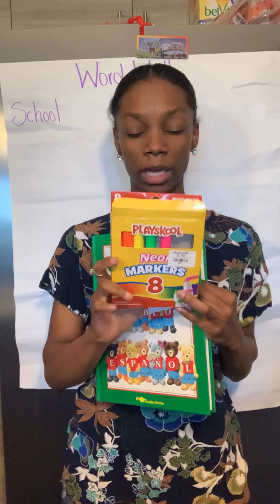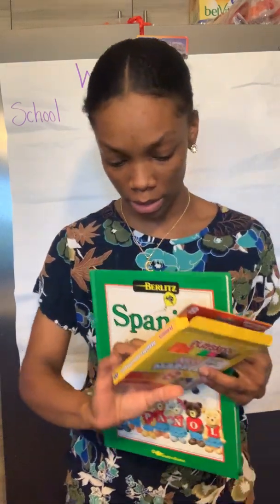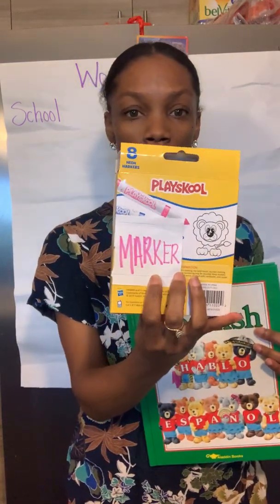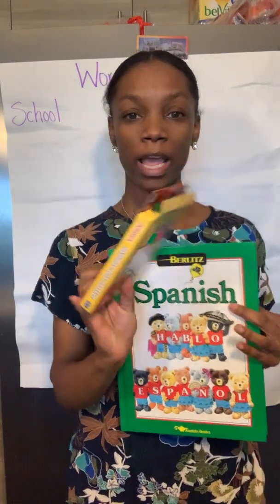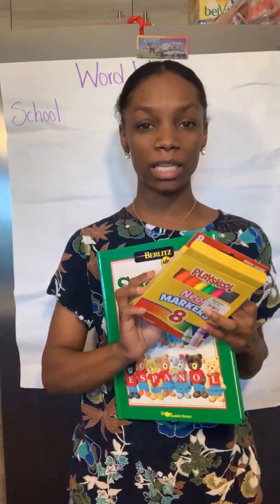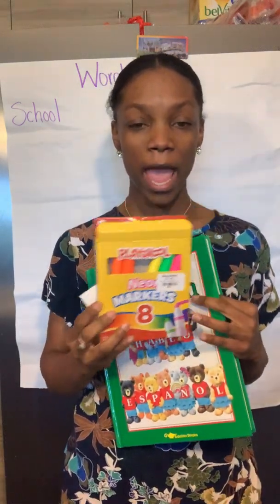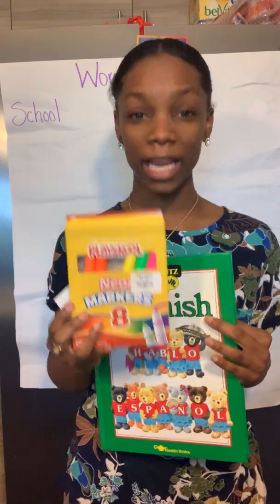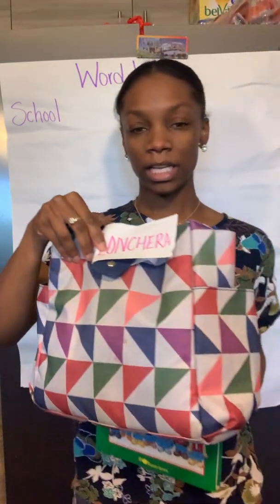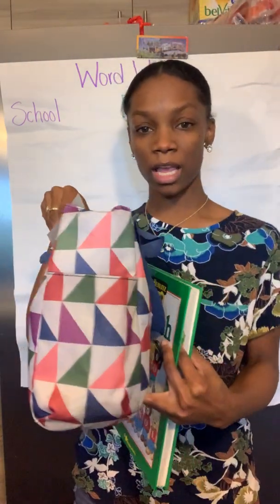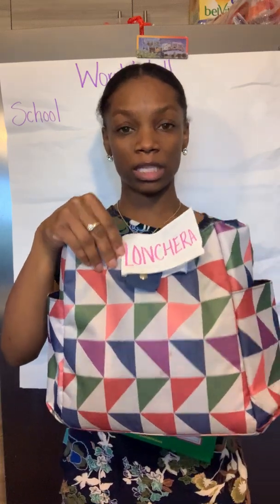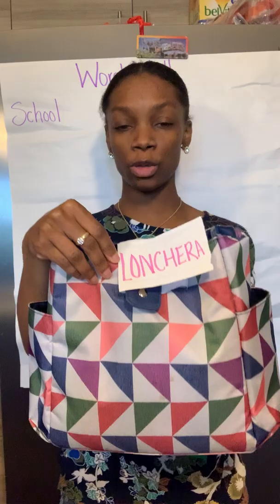And if we look at the label for markers, which is marcadores, as we can see, that looks almost the same as markers in English. And lastly, another label we have here, this is a lunchbox. And how you say lunchbox in Spanish is lonchera, excuse me.